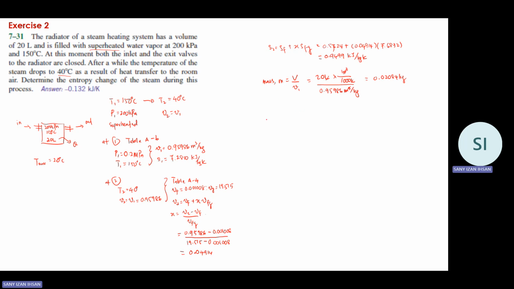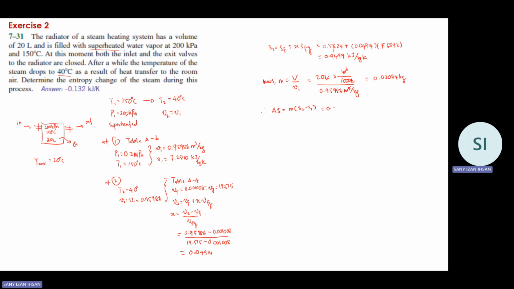Okay, so that will be the mass. Now everything is known, therefore you can complete the calculation to answer the problem. Okay, this is capital total, which is mass multiplied by the specific entropy, S2 minus S1. Mass is already given there.